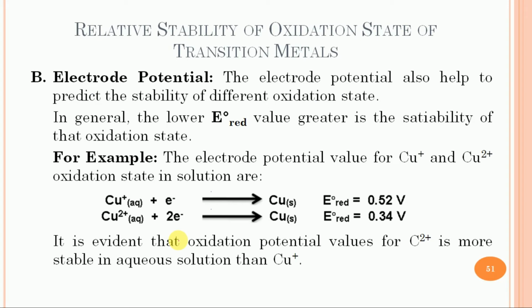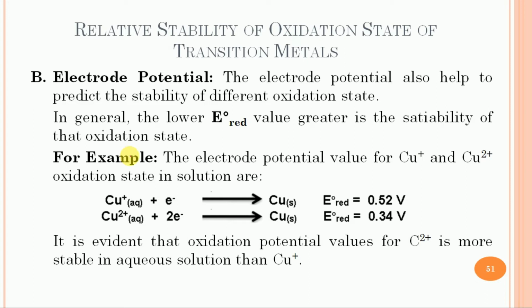The second factor is electrode potential. The electrode potential also helps to predict the stability of different oxidation states. In general, the lower the electrode reduction potential value, the greater is the stability of that oxidation state.